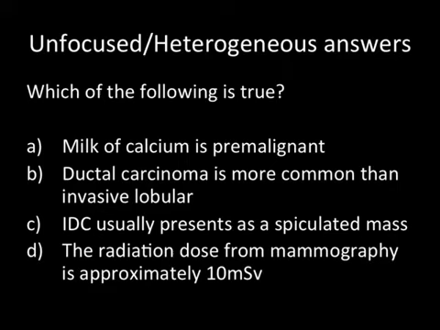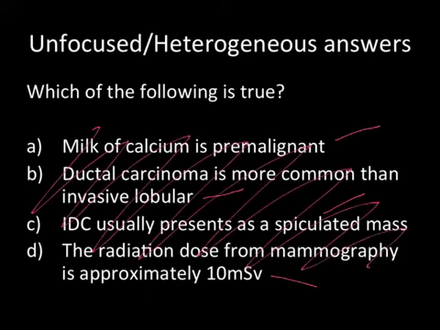So here's an example of unfocused or heterogeneous answers. If you look at these here, this is a statement about the disease, this is a radiographic finding, this is a radiation dose. These are very heterogeneous answers, and not only that, but this does not pass a cover test. If you covered up these answers, you cannot answer this question, however brilliant you are.